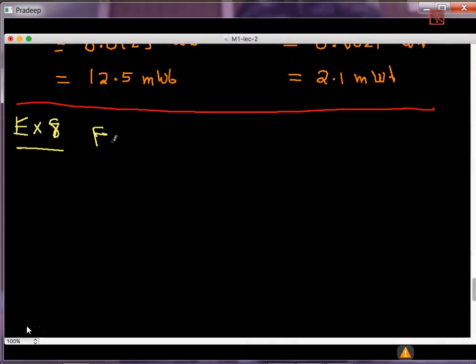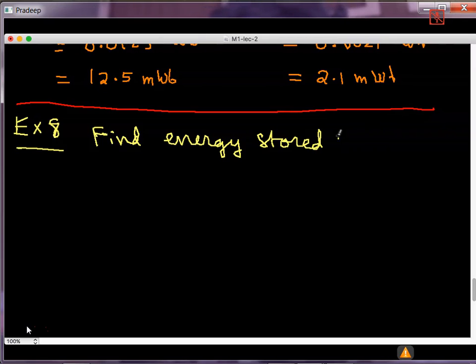Find energy stored in both cases. With and without air gap. So can you find the energy stored in both cases?